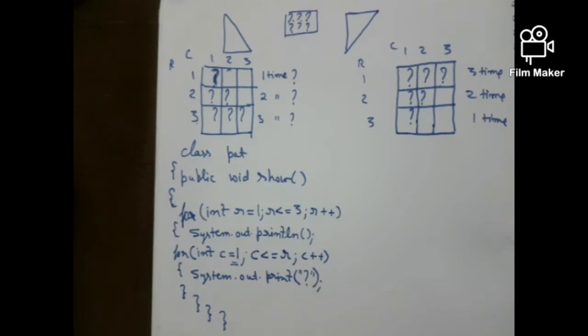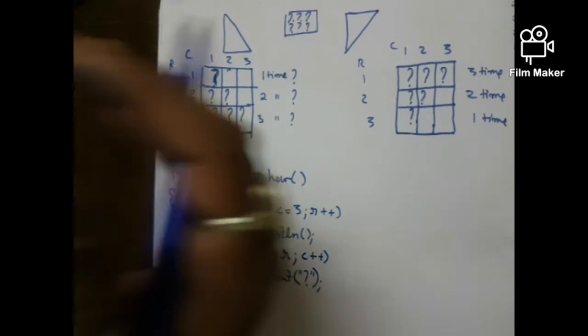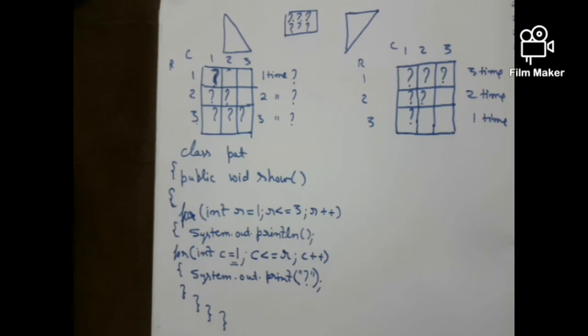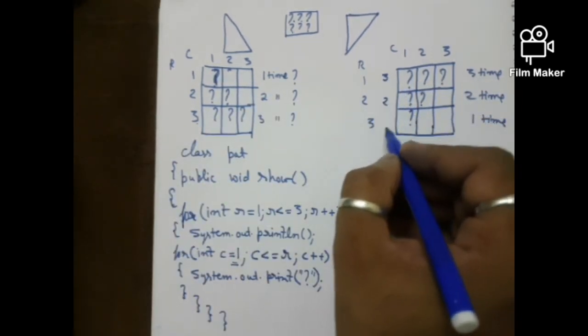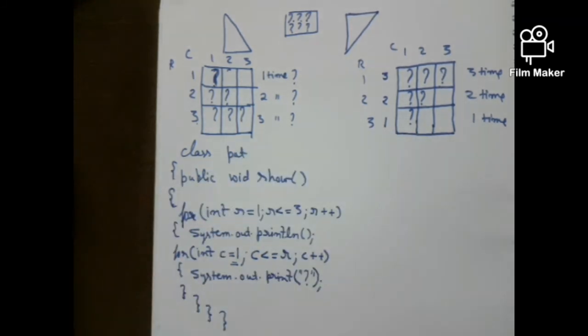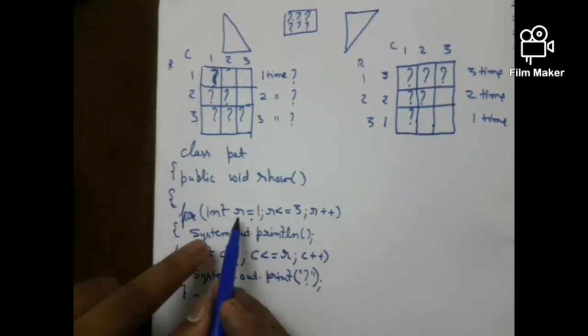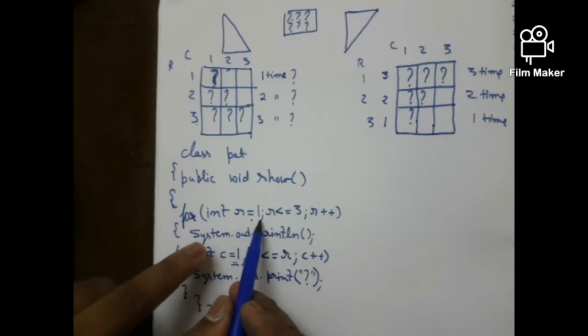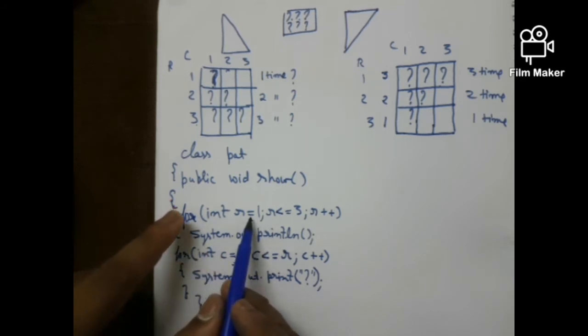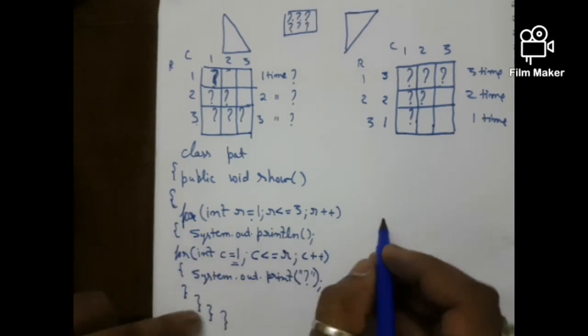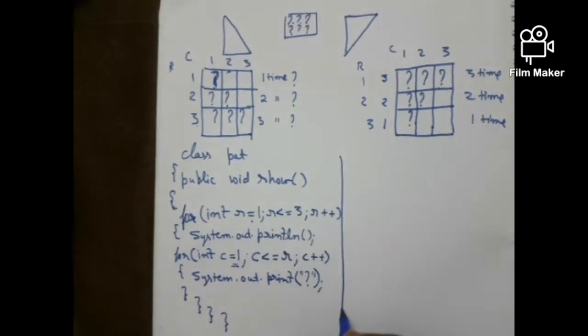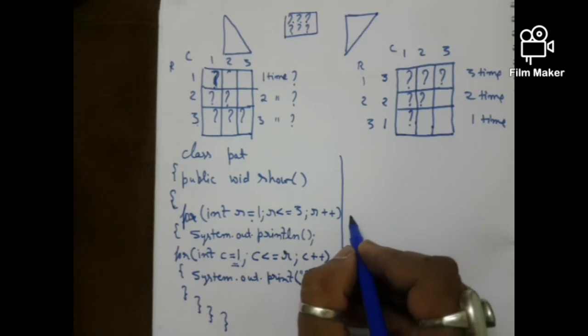So just to make things simple, what I do, I reverse the numbering of the row and I say row number 3, then 2 and then 1. That means the loop for the row will be from 3 to 1, not 1 to 3. So what I will write here, you can see the change and compare it yourself.